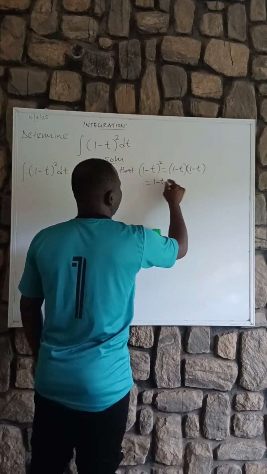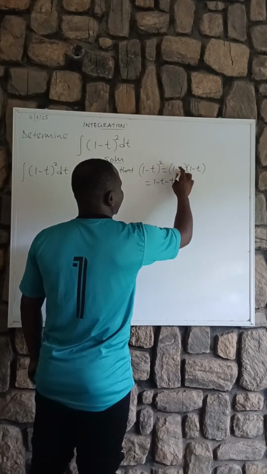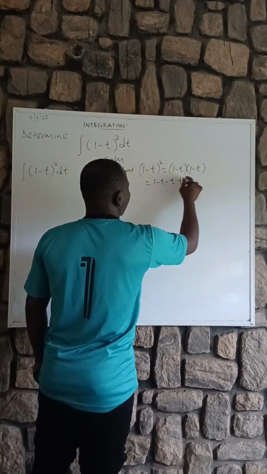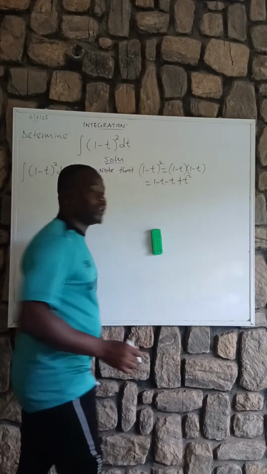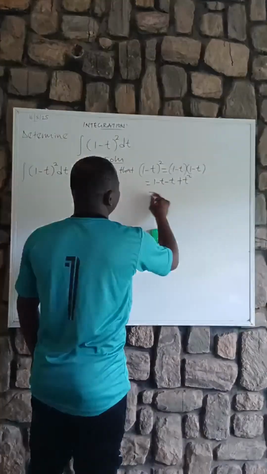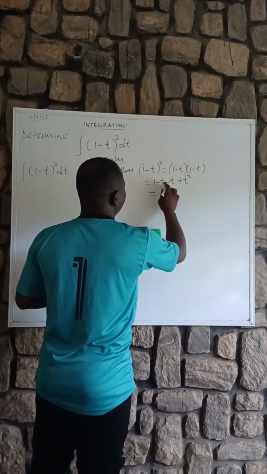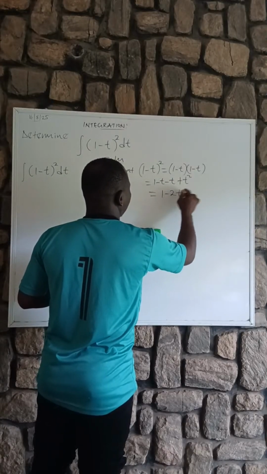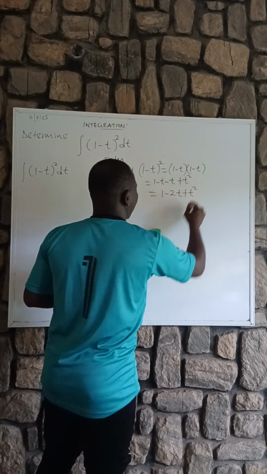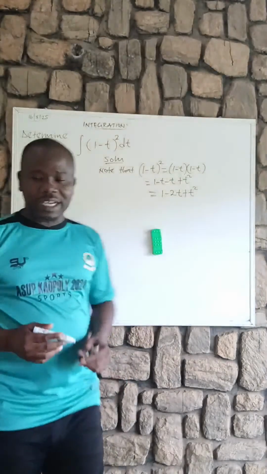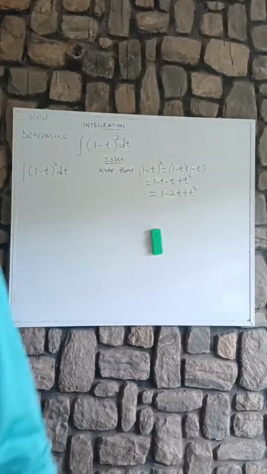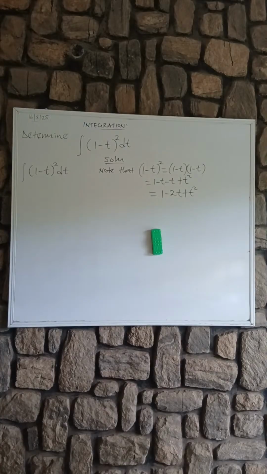Times 1 minus t. Minus t times minus t is plus t squared. True or false? So this will give us 1 minus t minus 2t plus t squared. True or false? Look at the board. It's true, right?